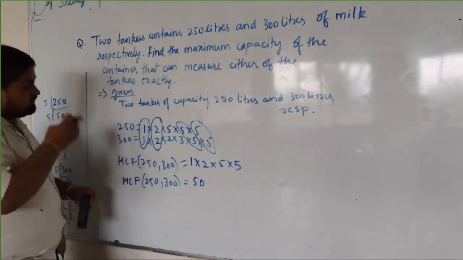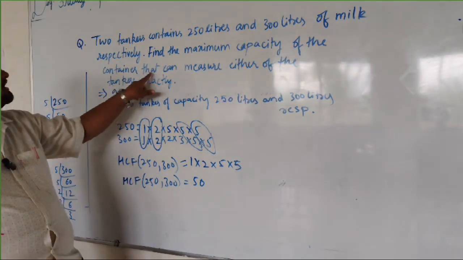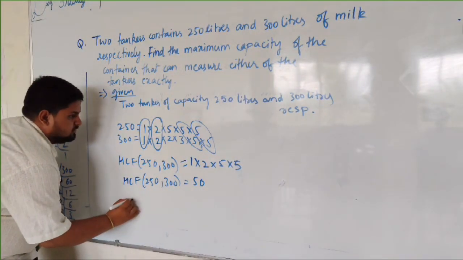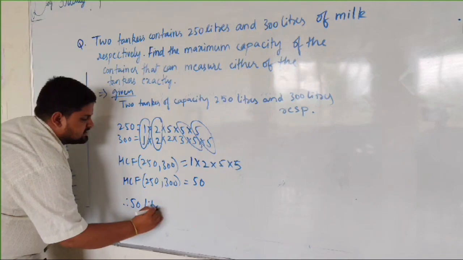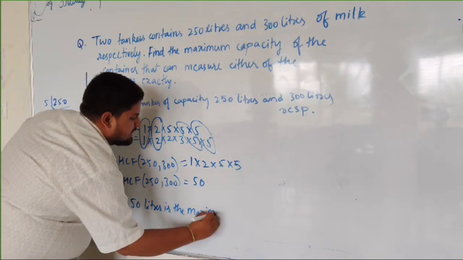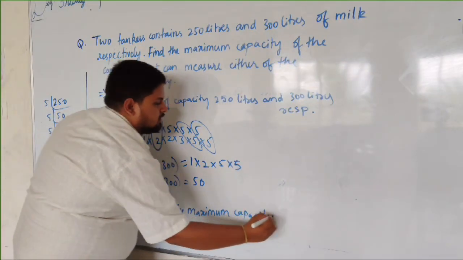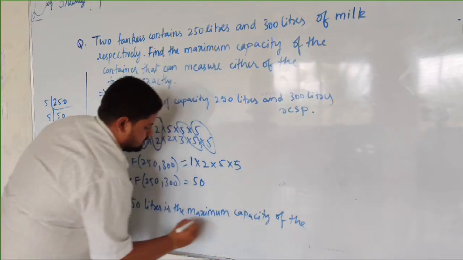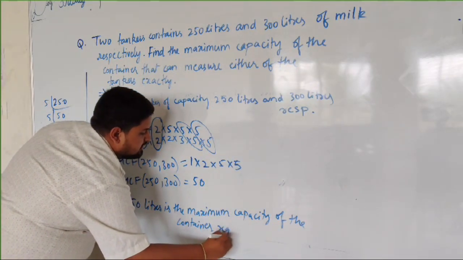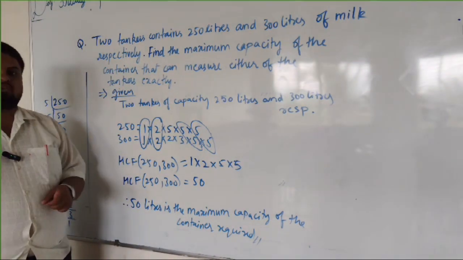So that means 50 liters is the maximum capacity of the container that can measure either of the tankers, required. So this is how we'll solve this question.